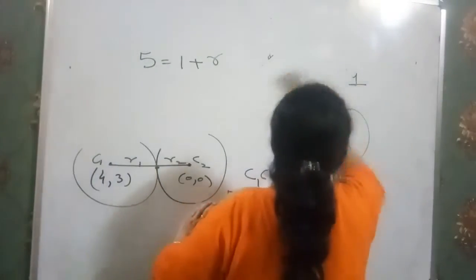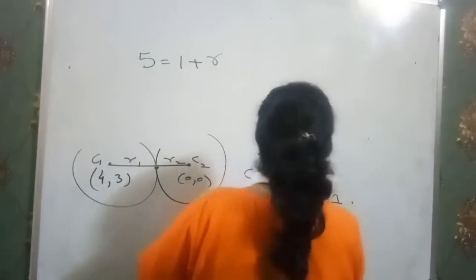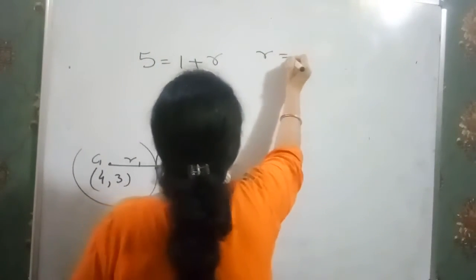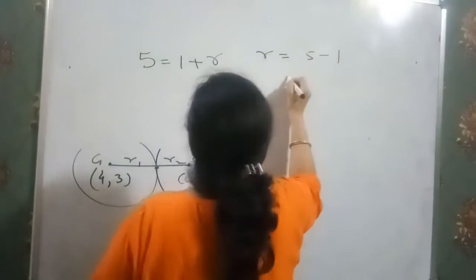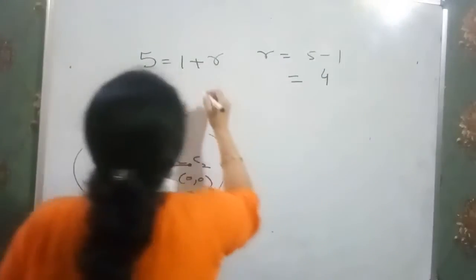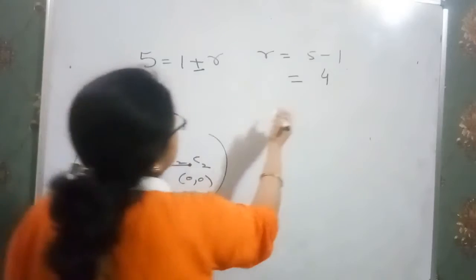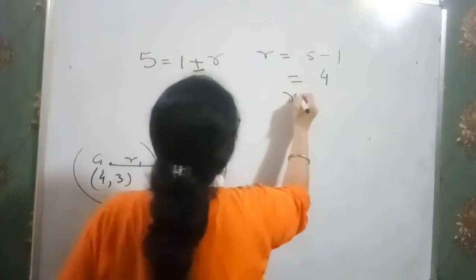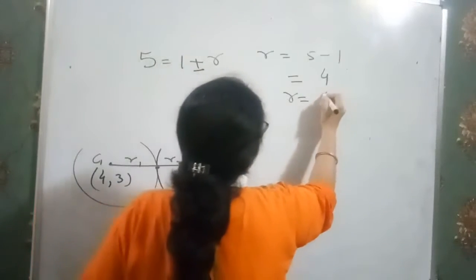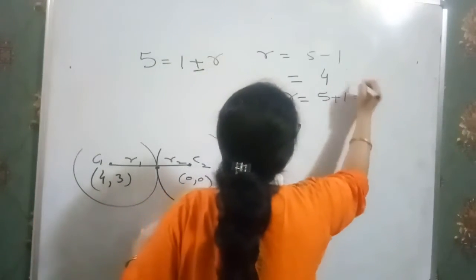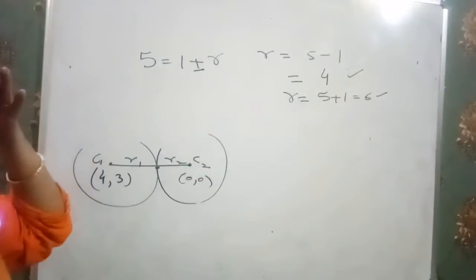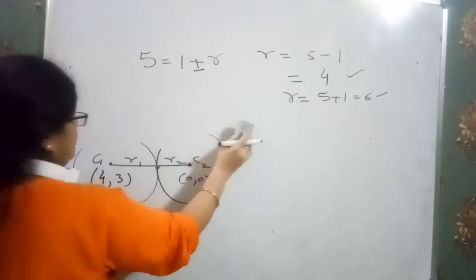So the value of r becomes 5 minus 1, that is 4, or it can be negative also. So the value of r is equal to 5 plus 1, that is 6. We get two values.